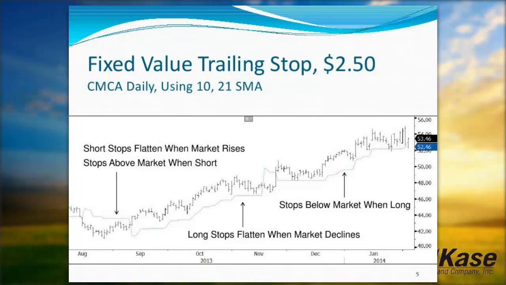But when the swing high is made, and we're not making new highs and the market's declining, the stop flattens out, so that we have a fixed $2.50 off of that swing high that ultimately could be hit. And when that stop is hit, we execute our order to exit part or all of the trade.